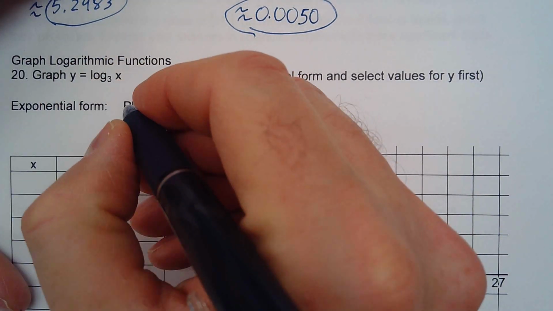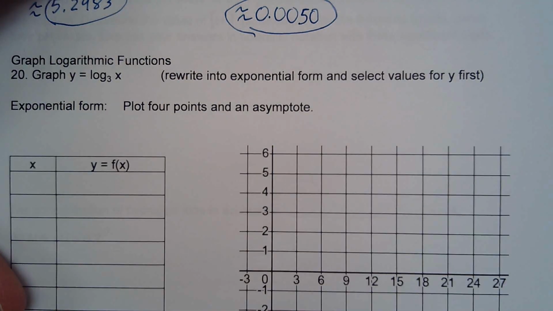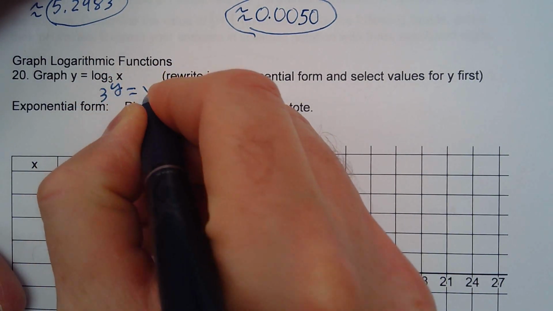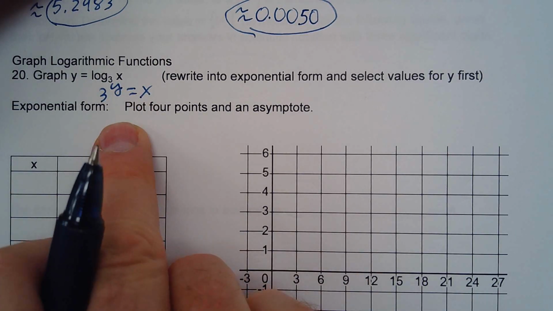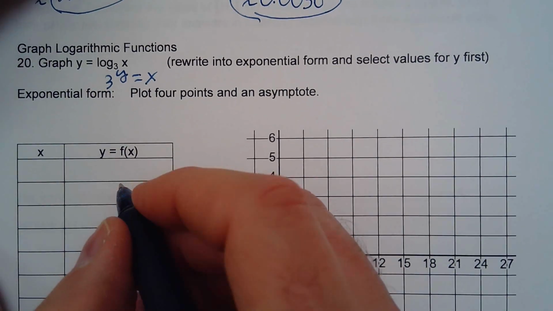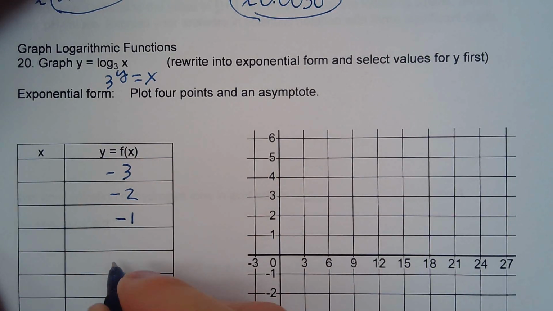If I write this in exponential form, this would be 3 to the y equals x. And now I'm going to just switch x and y here. I'm going to pick values for y and find out what x is. So I'm going to pick negative 3, negative 2, negative 1, 0, 1, 2, and 3.